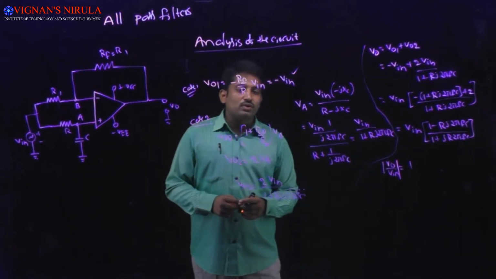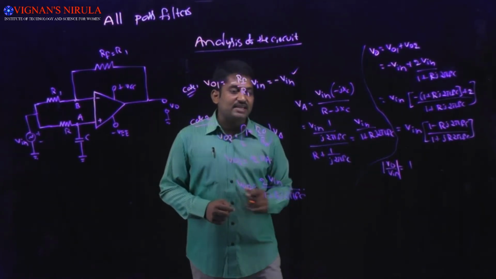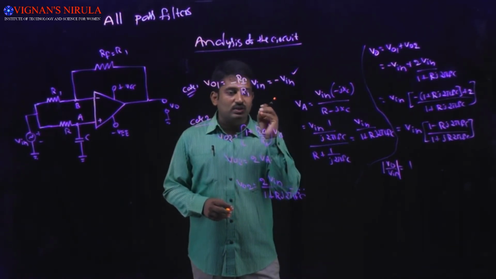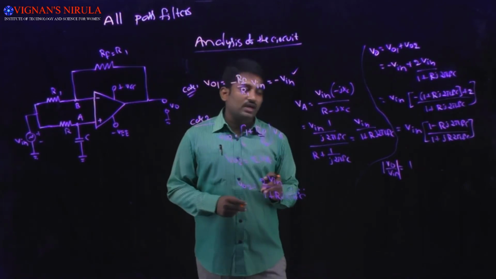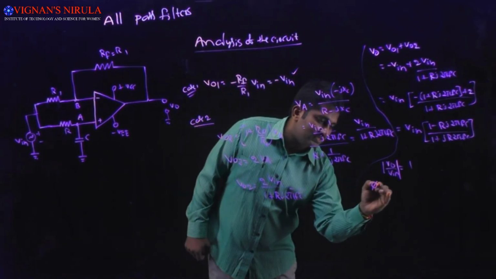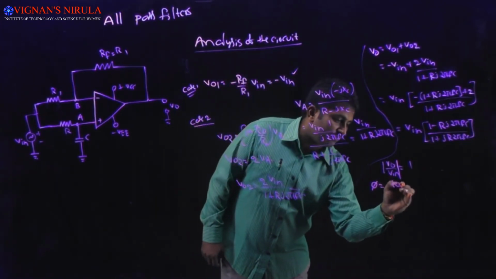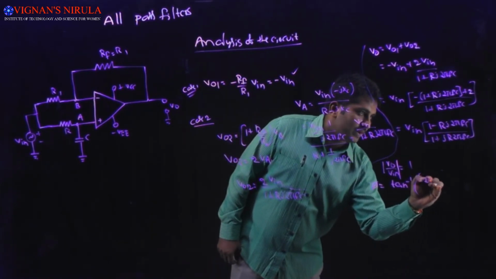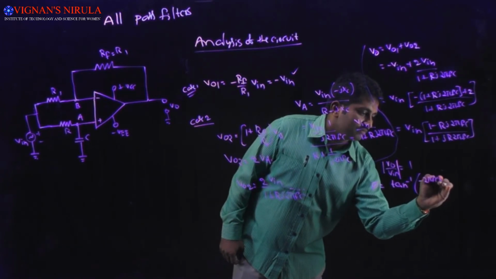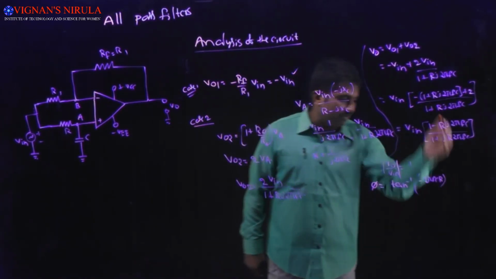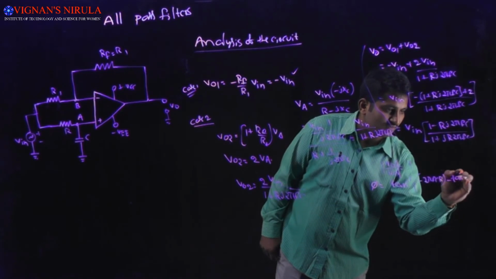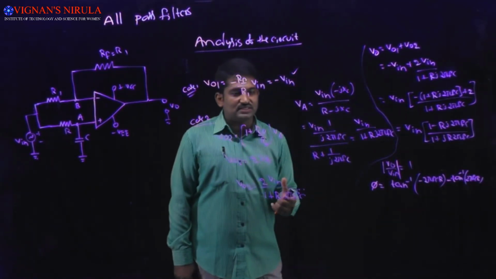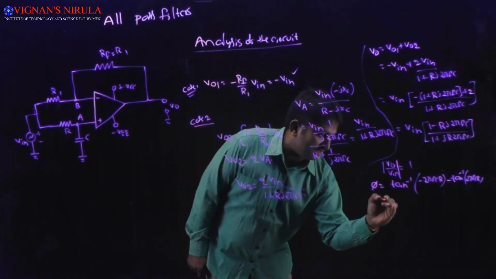While you are going to calculate the phase angle, the main intention for the all-pass filter is that we require the phase shift. So the phase angle phi is equal to tan inverse of imaginary part by real part, minus of 2 pi Fc into R divided by minus of tan inverse of 2 pi Fc into R. Tan inverse of minus theta is equal to minus tan inverse of theta.